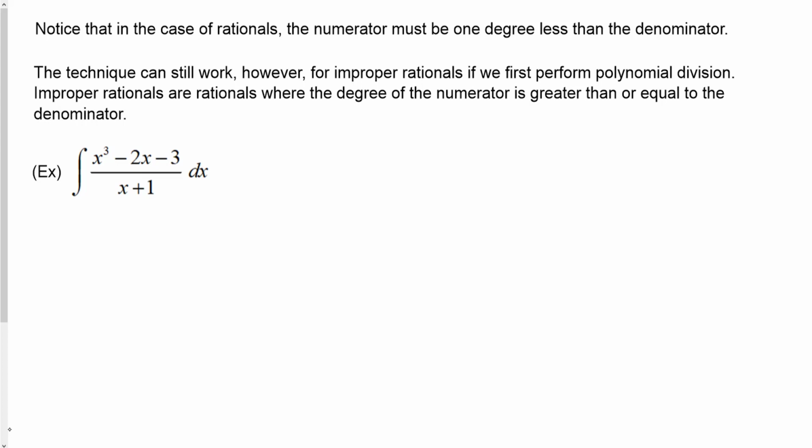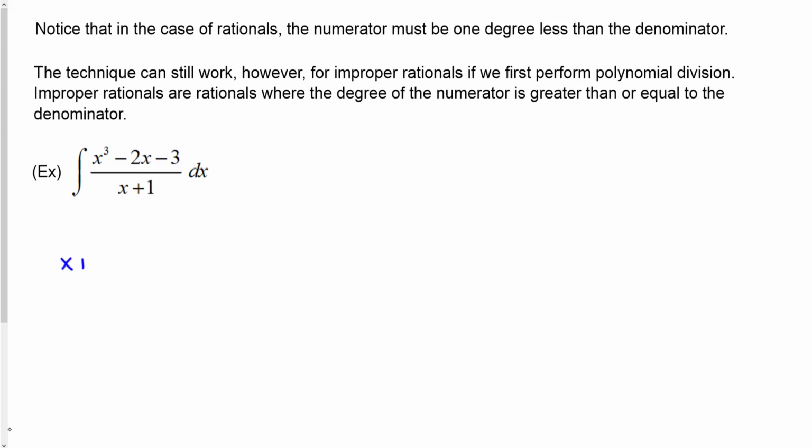However, it is an improper rational, so the logarithmic rule isn't going to apply anyway, because you have to have at least a proper rational, so where the numerator's degree is less. But you can convert any rational that's improper into a proper, well, technically a mixed proper, through polynomial division. Let's see how that would work out.